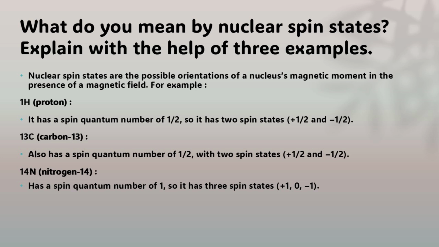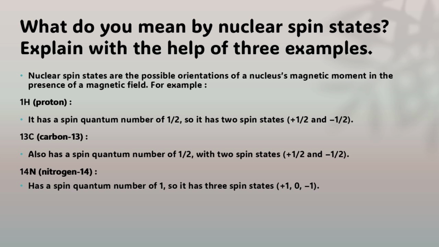The next question is question number 10. What do you mean by nuclear spin states? Explain with the help of 3 examples. The answer to this question is nuclear spin states are the possible orientations of a nucleus's magnetic moment in the presence of a magnetic field. For example, 1H, proton, has a spin quantum number of 1/2, so it has 2 spin states, plus 1/2 and minus 1/2.